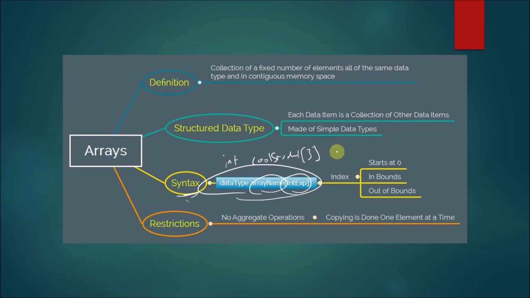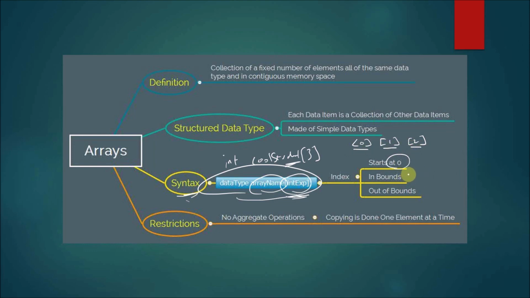When you look for an element in an array, it actually starts at 0. So if I were to say 3 here, there would be cool student 0, 1, and 2. If I define the size of this array at 3, to assign or look for a value, it would be cool student 0, cool student 1, cool student 2.